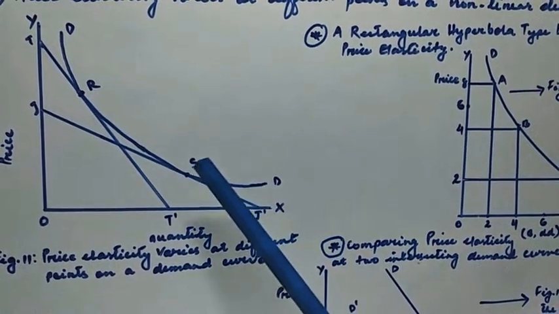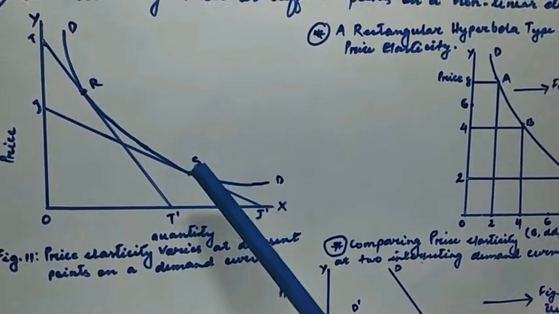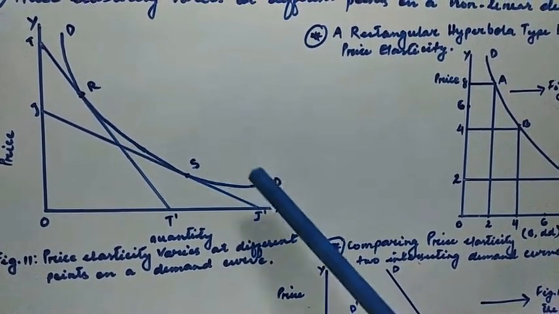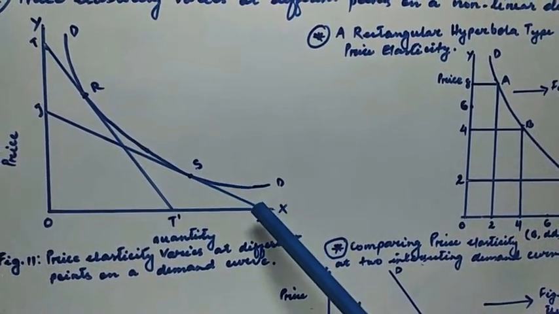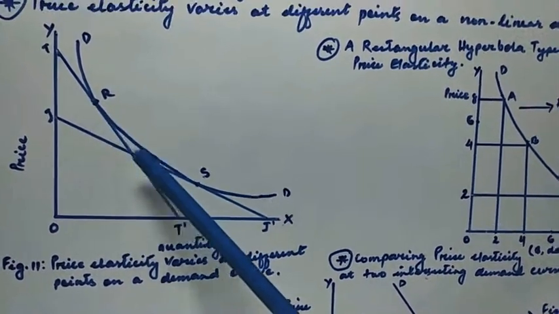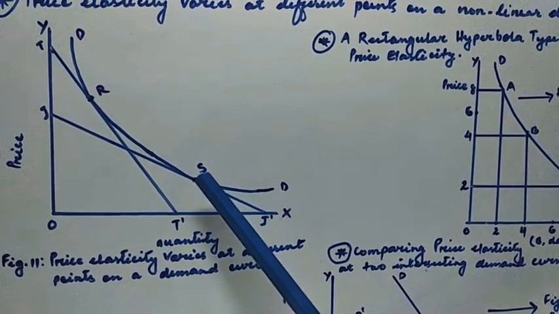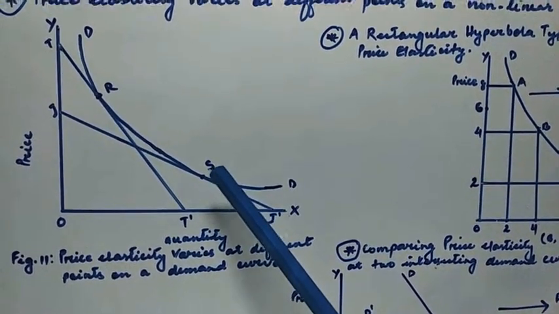And here, price elasticity at point S is less than 1. Why? Because the lower segment SJ dash is smaller than the upper segment SJ.